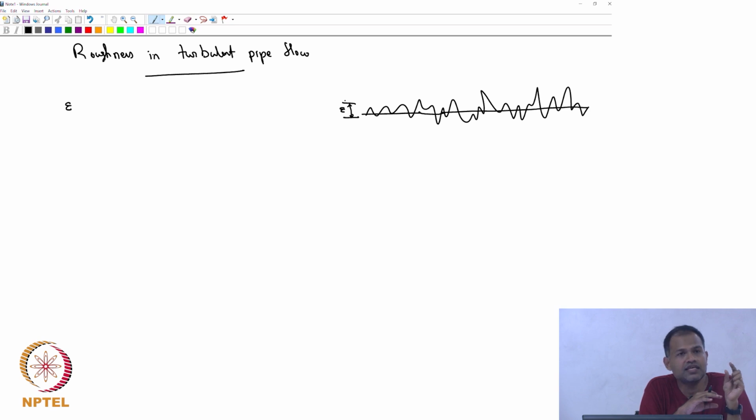So epsilon, let's say, is the thickness that characterizes the roughness, and the quantity that we want to look at is epsilon plus. So epsilon plus would be what? Epsilon divided by, what is the scale that we would use to define epsilon plus? How did we define y plus?